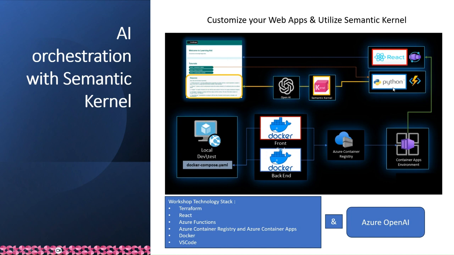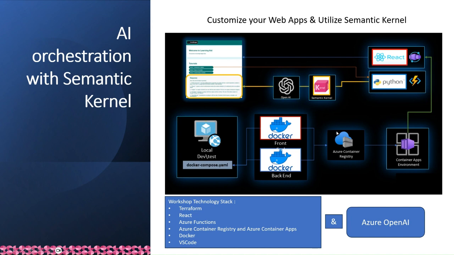The backend is deployed as a Python function app. We can do this from our VS Code. It is very easy. You can check the documentation on how to create Azure function apps via VS Code. You can do it in a matter of minutes.